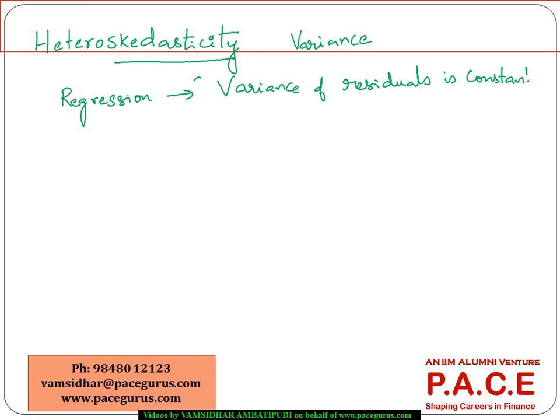Now, what we may see is, for some set of observations the variance is going to be very large, whereas for some other set of observations the variance is going to be very small, and if that is unconditional, meaning there is no pattern with respect to where the variance is high and where the variance is low, we call it unconditional heteroskedasticity.